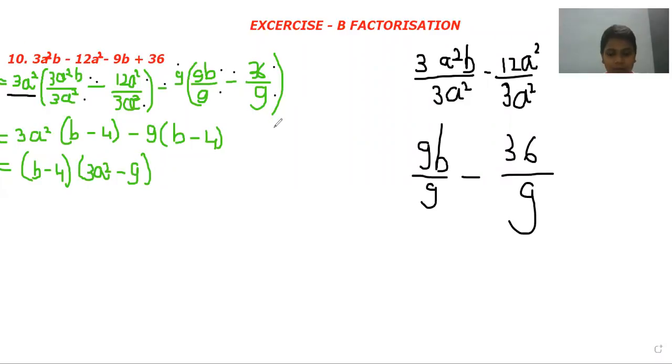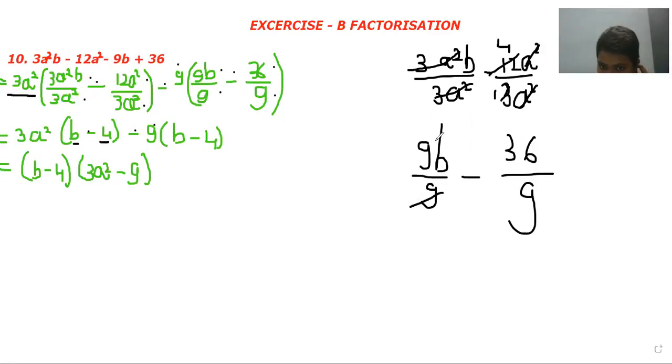Now, so guys, what we have to do here is, in cancellation, 3a square and 3a square cancel. What is left? B is left. So I wrote B. Then minus, because a square and a square cancel, right? So here 3 ones are 3, here 3 fours are 12. So I kept 4 as the answer. Then minus 9 as it is.